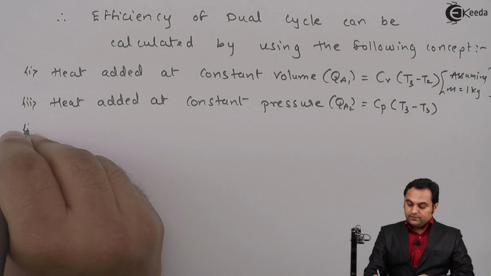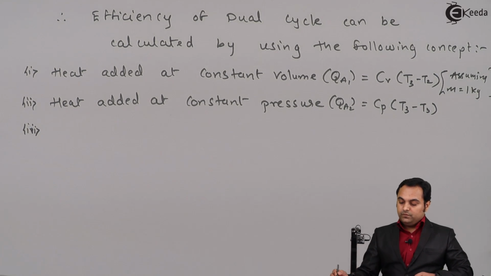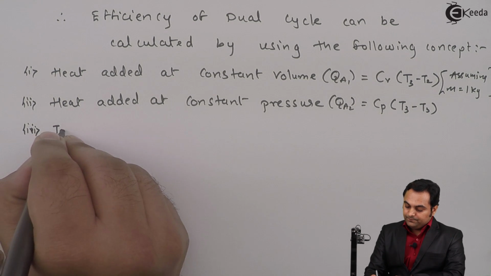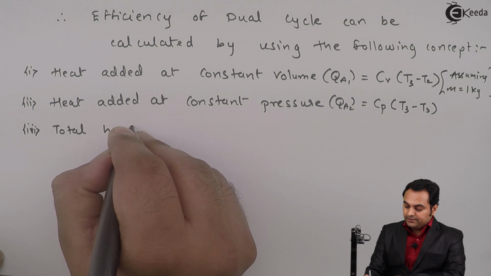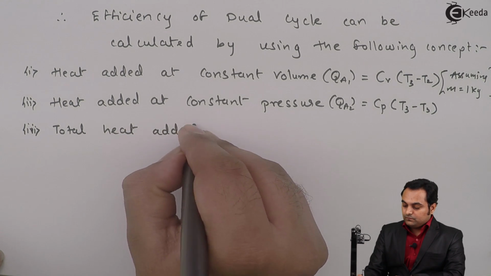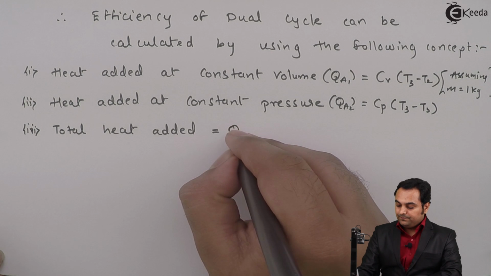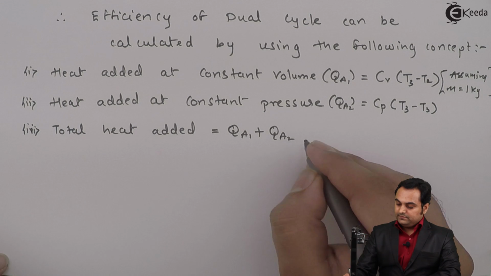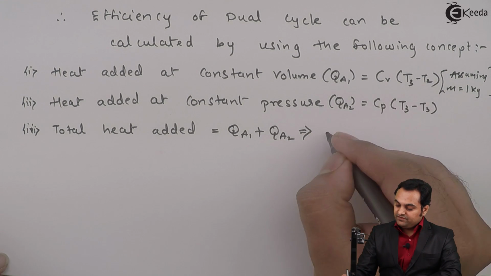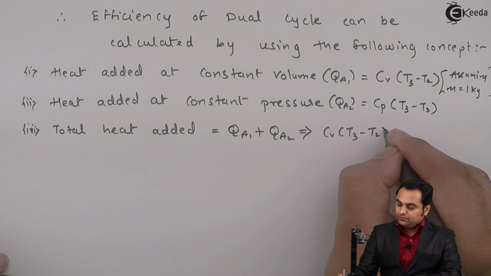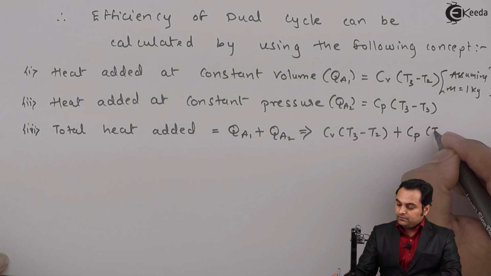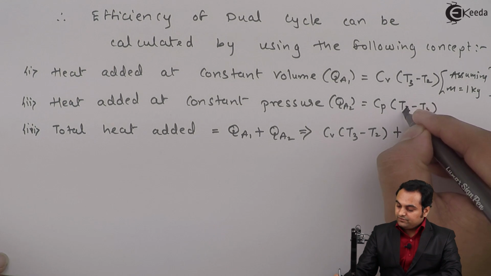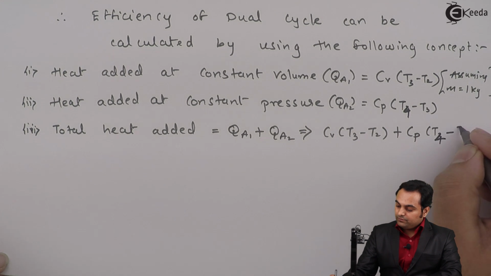Next, therefore we can say that total heat added will be equal to QA1 plus QA2, and that will be CV (T3 minus T2) plus CP (T4 minus T3).